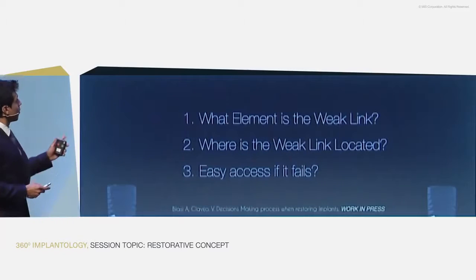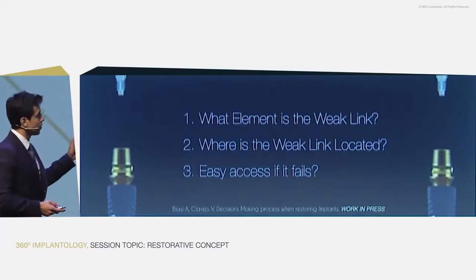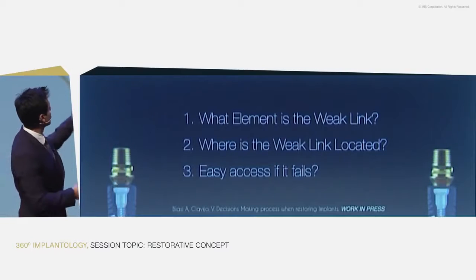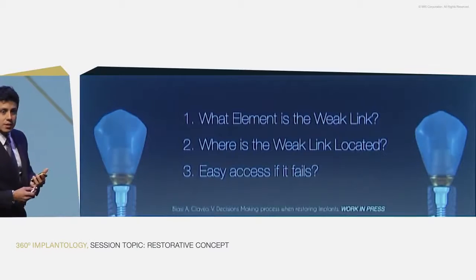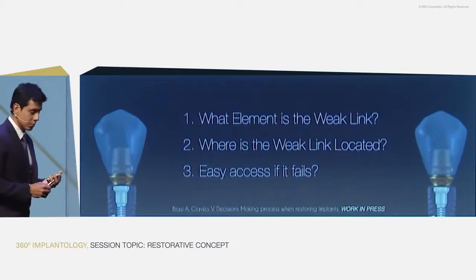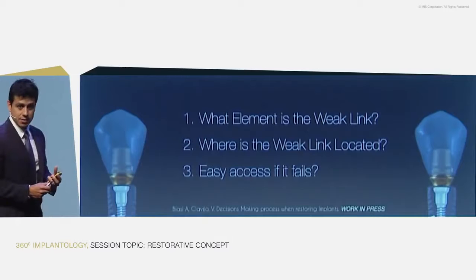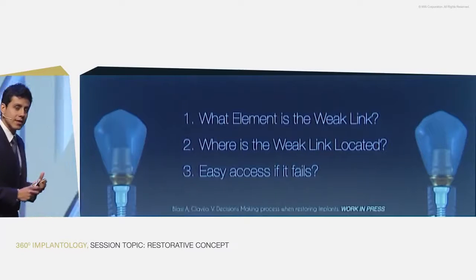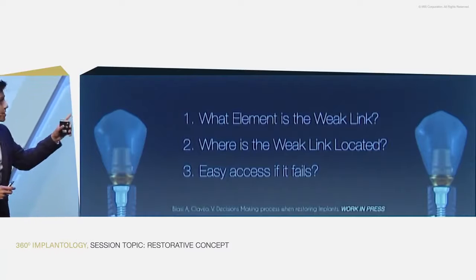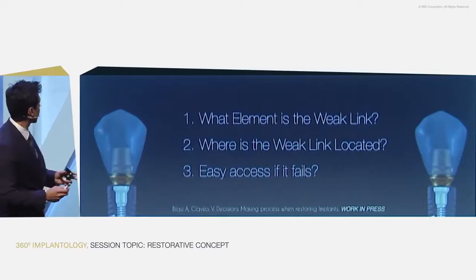So we work with the T-base, we will screw the T-base, and we will cement the monolithic full crown zirconia or disilicate on top of the T-base, with cement, which will be the weak link, okay?